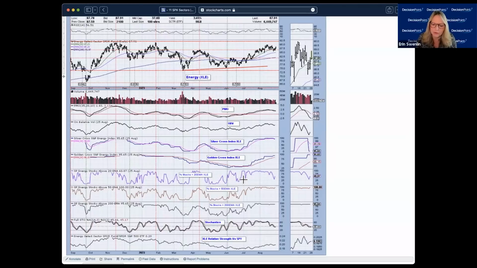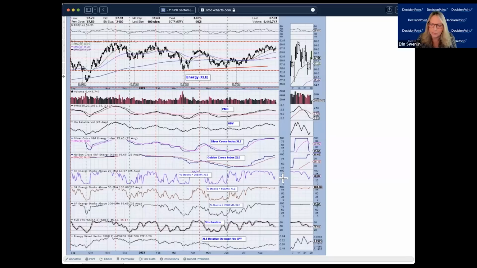And notice energy is a great example. It got to the top, couldn't really go much further, but it stayed up there. You can have these kind of overbought conditions, if you will. They can continue if you're in a nice bull market run, which energy has been in. But this is what we want to watch for, when you start to really lose that participation starting in the shorter term.